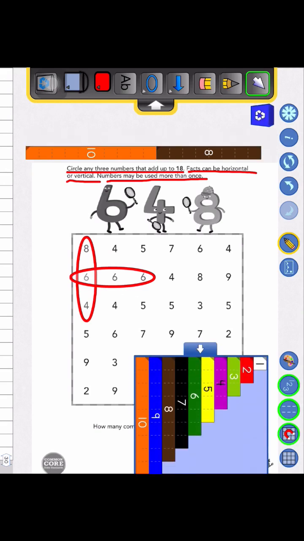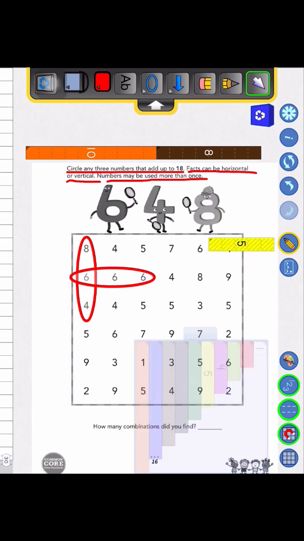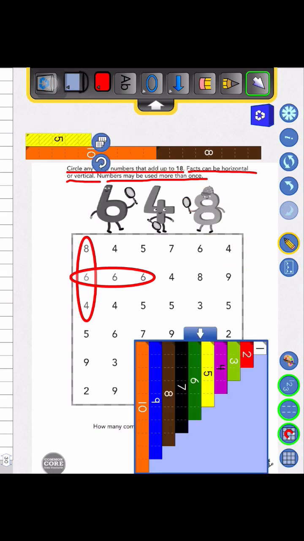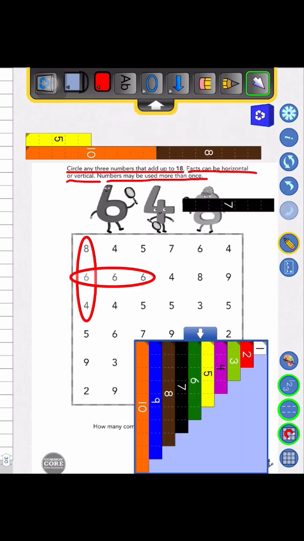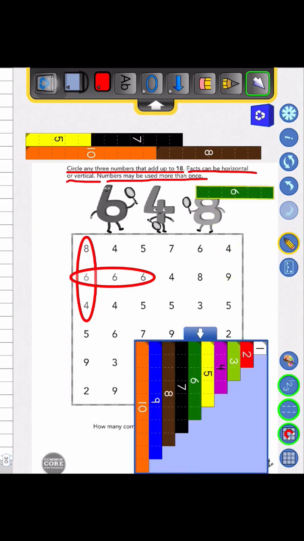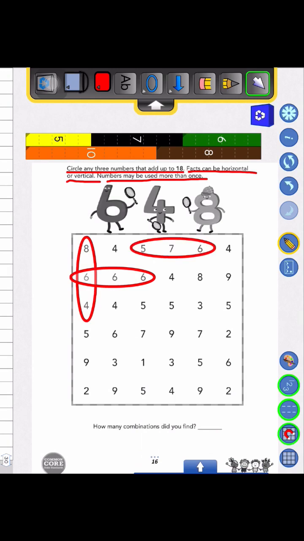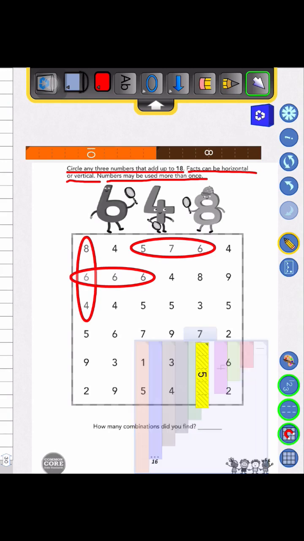Okay, this time maybe we can try number 5, number 7, and number 6 in the first row. So let's see, do they add up to 18? Yes, the lengths are the same, so they add up to 18. So we circle number 5, number 7, and number 6. Okay, any more combinations?